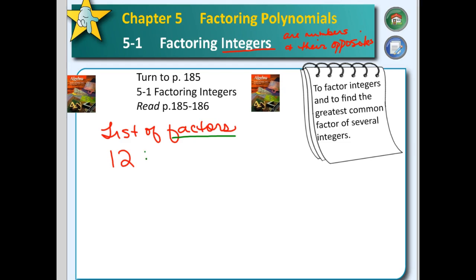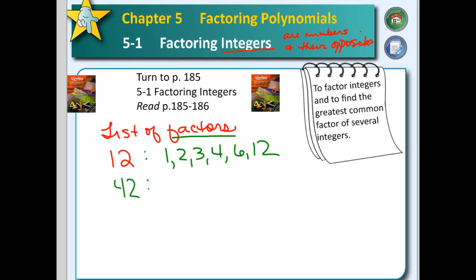So if I wanted a list of all the factors of 12, I'm going to give a list of numbers in numerical order. So it'd be 1, 2, 3, 4, 6, and 12. Okay? So when they ask for the list of all positive factors of a number, okay, we give them a list in numerical order.